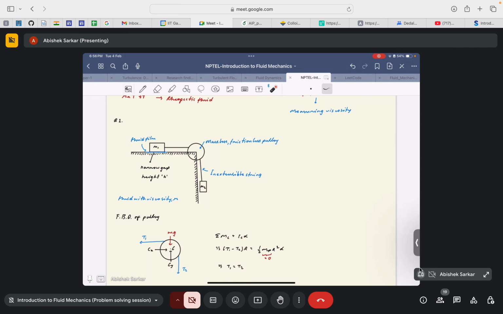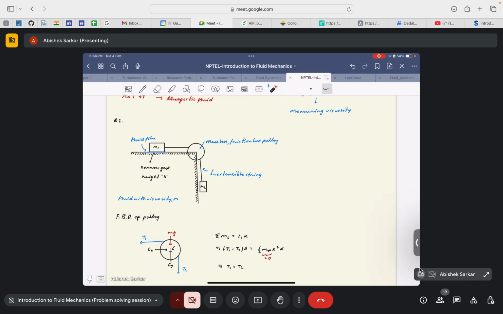For mass m2, we know that m2 g minus T2 is equal to m2 into dV2 by dt. We found this out from the free body diagram. Now T1 is equal to T2, which we found out from the free body diagram of the pulley. Since the mass of the pulley was 0, the tensions in those two strings were equal.